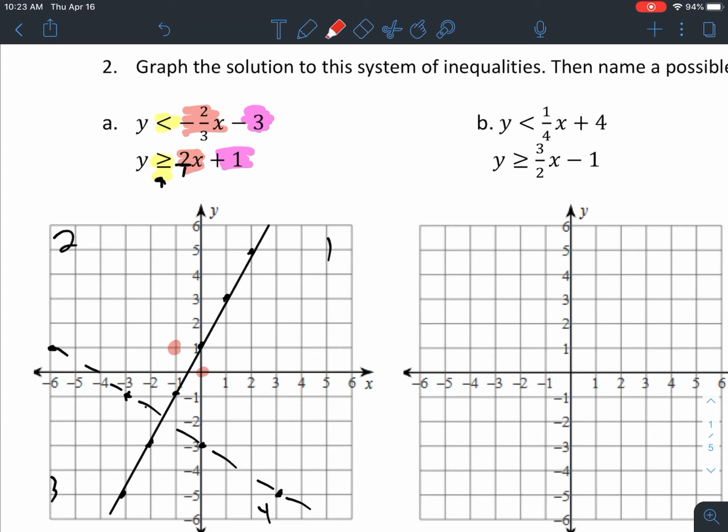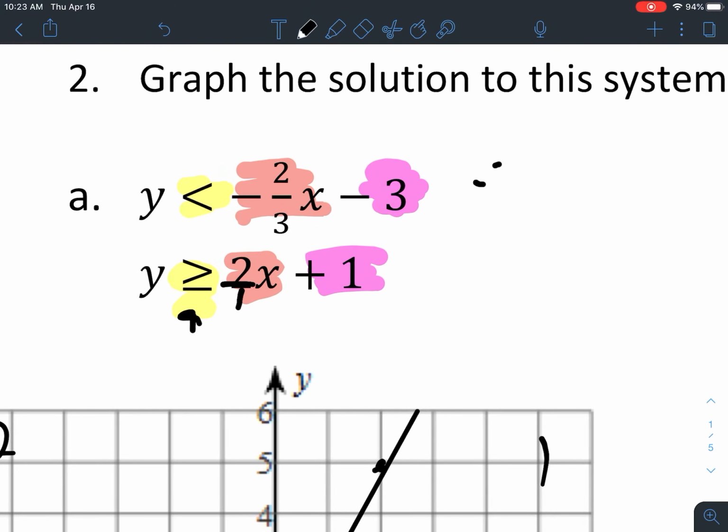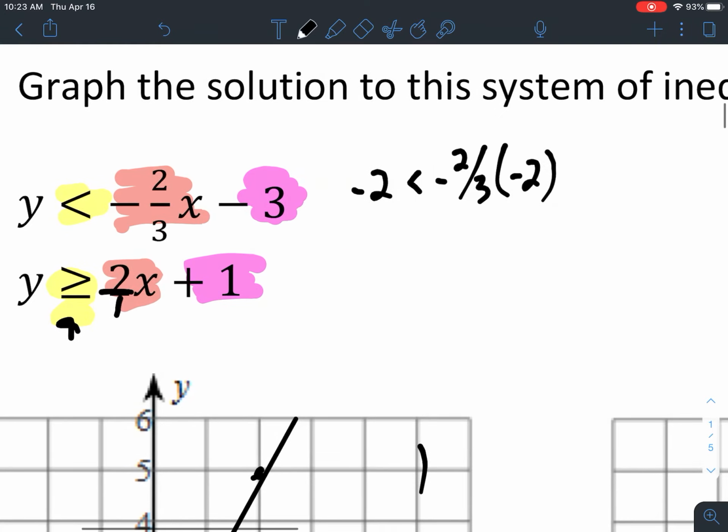Let's try 3 and see if it works. We're going to pick that number right there. It's going to be negative 2, negative 2. Okay? Make it as easy as we can on numbers. Y is negative 2, and x is going to be negative 2. Now, this is where you guys may need to use more calculator to help you out. So if you do negative 2 divided by 3 times negative 2, it's going to give us 1 and 1/3, minus 3.